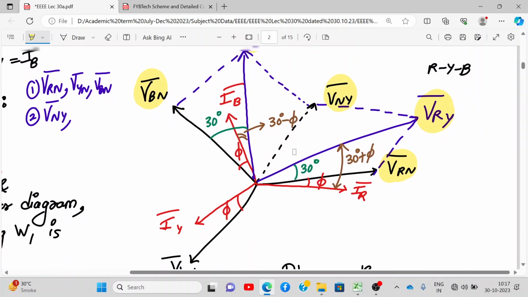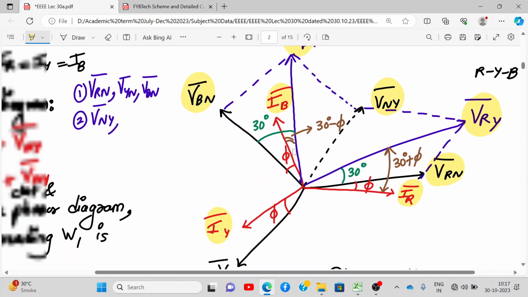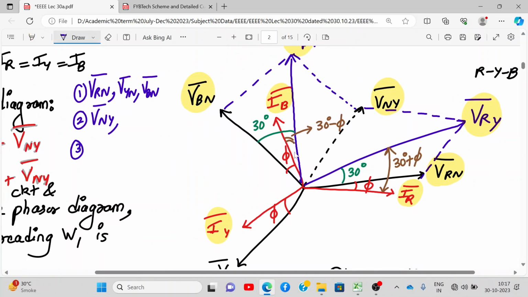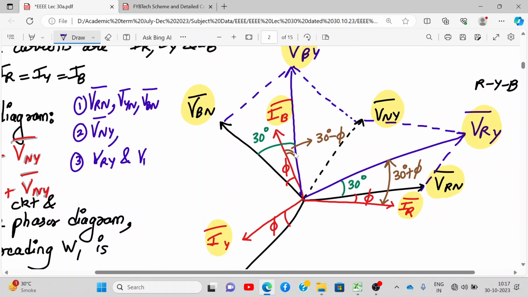Okay. Now, since the power factor is lagging, the current will be lagging behind the voltage. So I have drawn over here three currents, IR, IB and IY, which are lagging behind by the phase angle of phi. So next you draw, I am drawing the sequence, then you draw the resultant VRY and VBY.